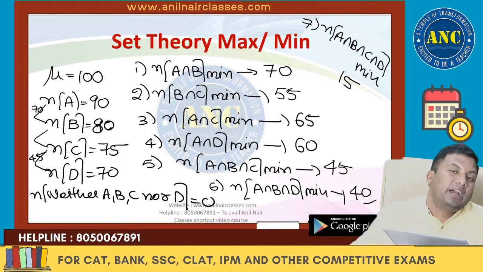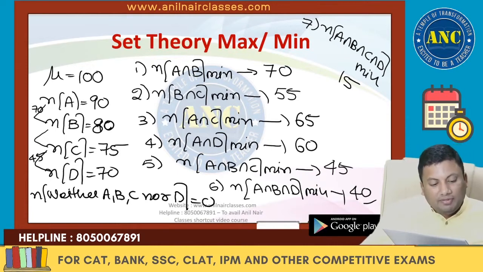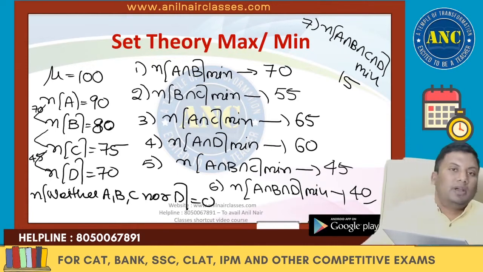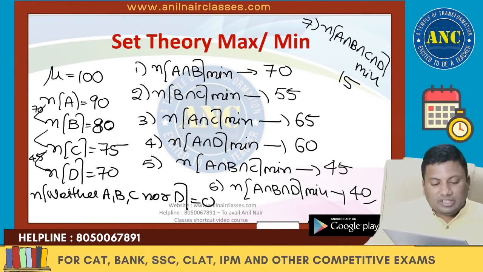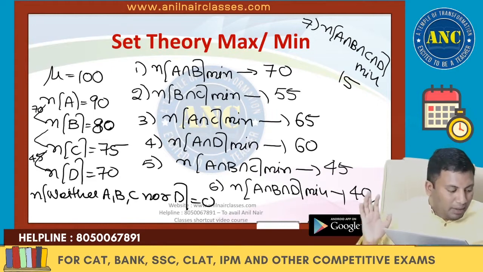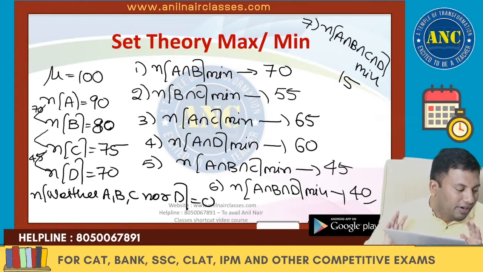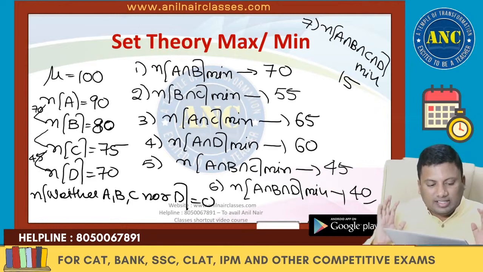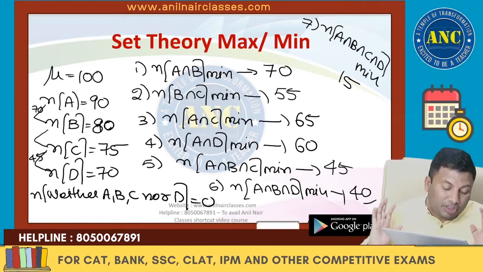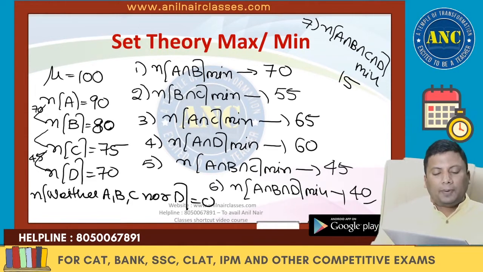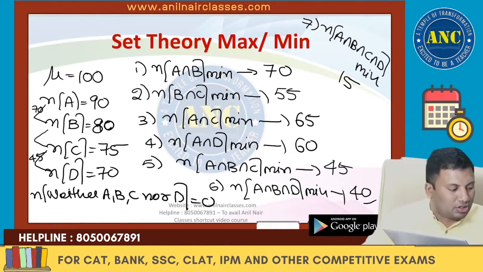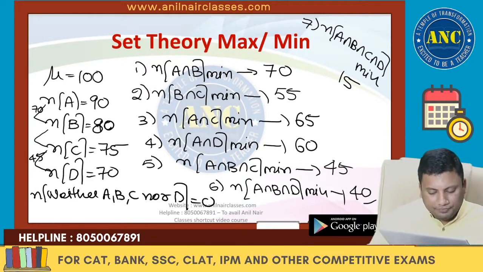Why are we separating it? Because set intersection minimum means union is disjoint. AC, 90, 75, 165, 65. Please look into it. I hope everybody can solve these questions without even using pen on the paper, orally. I hope the idea is clear to you.